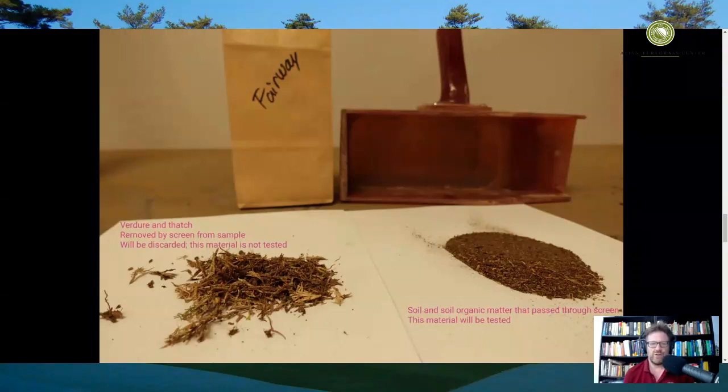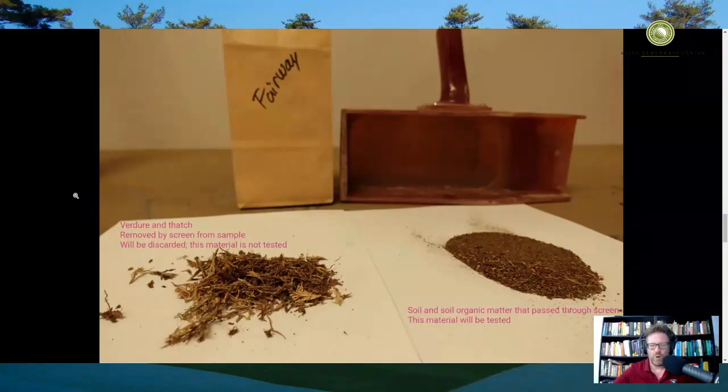They're getting rid of the grass, they're getting rid of the thatch. And I showed a picture of that at left. The verdure and thatch are removed by the screen from the sample. Those will be discarded, and this material is not tested. So there's no reason for you, when you're collecting a sample, to remove any of this material, because it will get done by the lab by a machine.